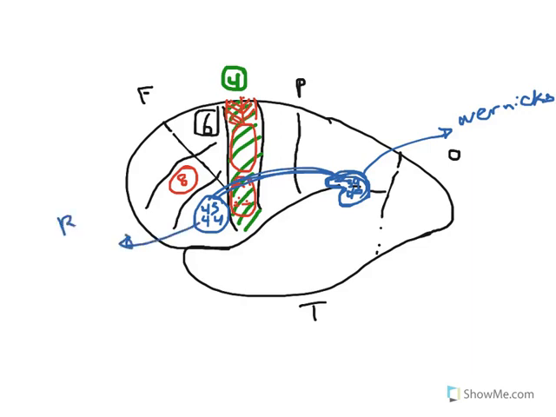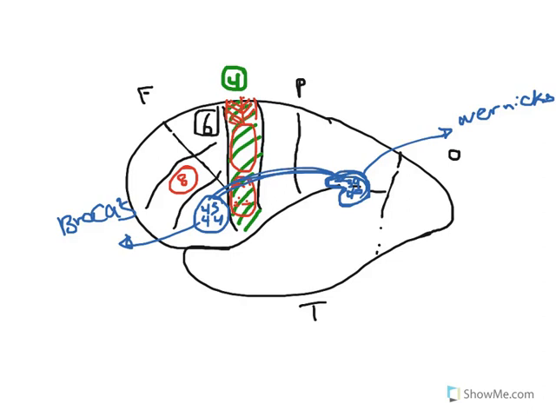And this is Broca. Here, if there is involvement of the middle cerebral artery, it will cause non-fluent aphasia or motor aphasia or expressive aphasia. This is what you should know about Broca's area.